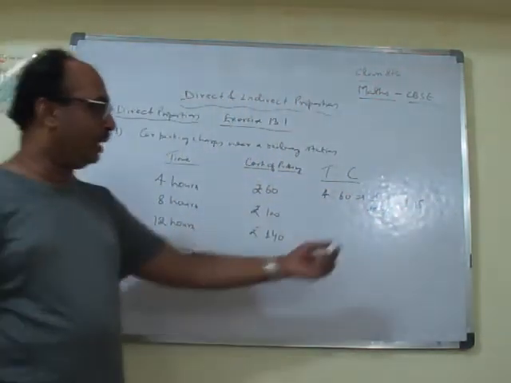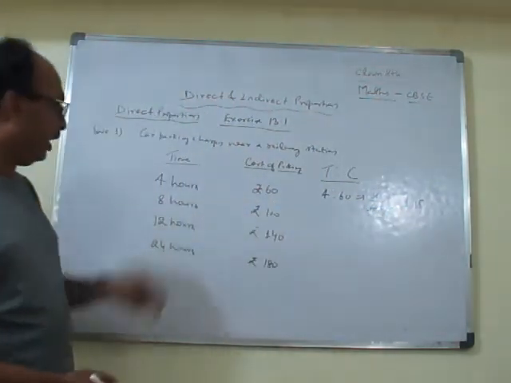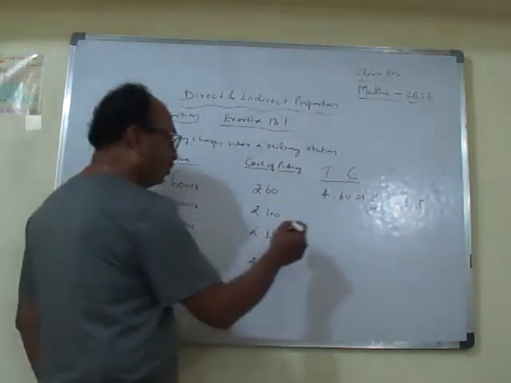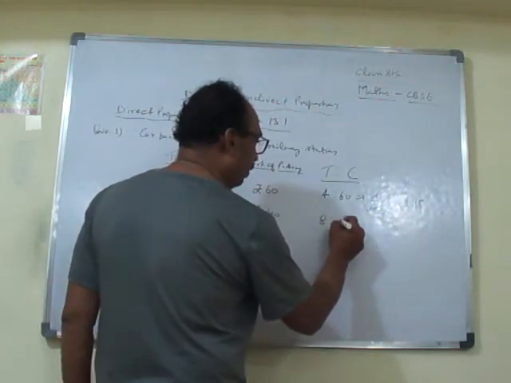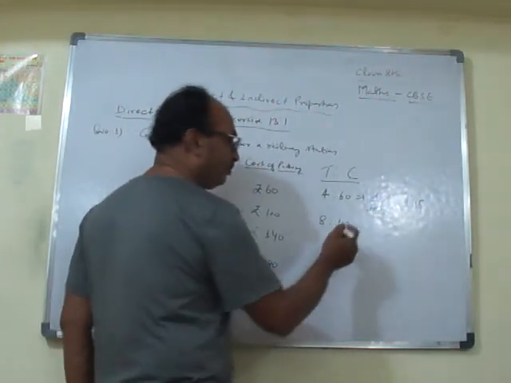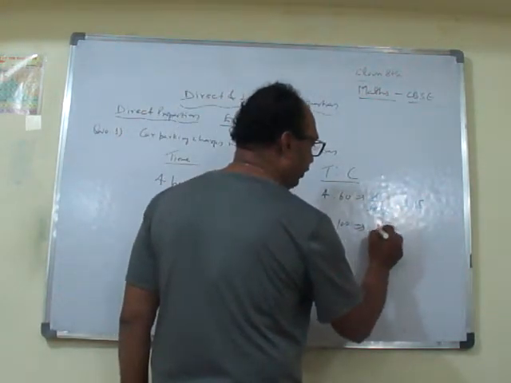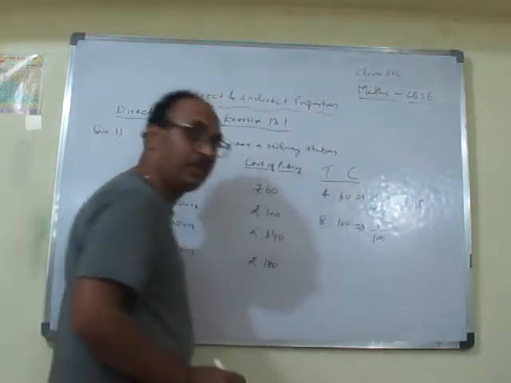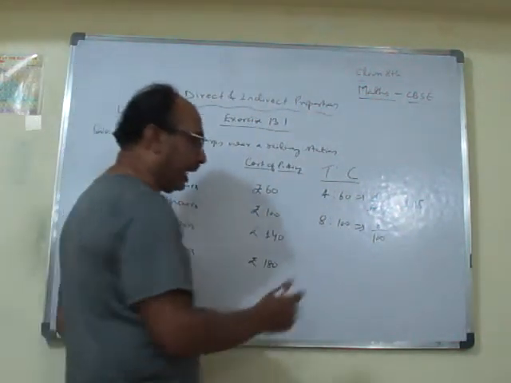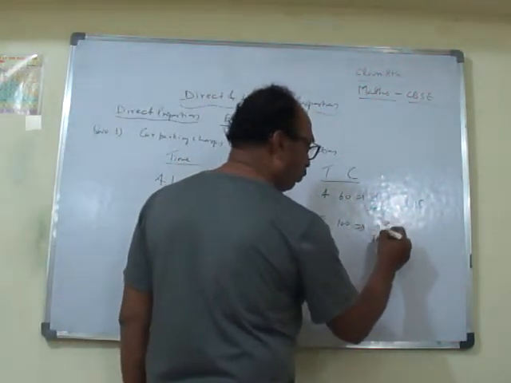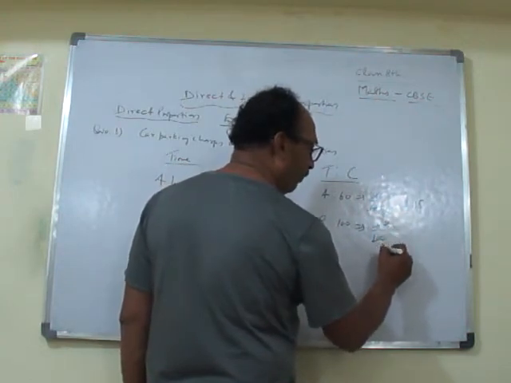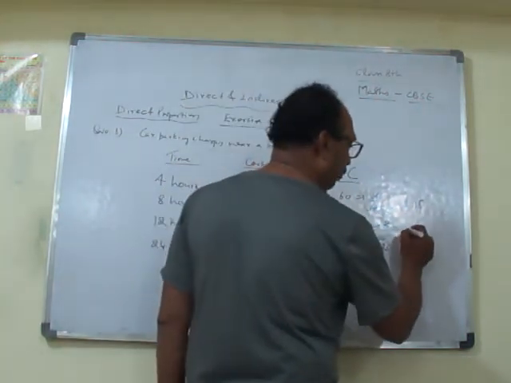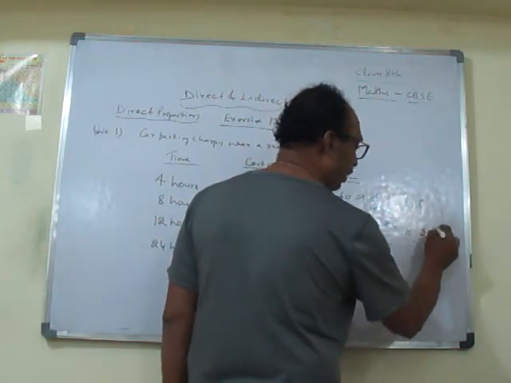The ratio becomes 1 is to 15. Now in this case, 8 is to rupees 100. Then you write 8 by 100. Then we cancel it by 4. 4 twos are 8 and 4 twenty-fives are 100. So it is giving you 2 is to 25.